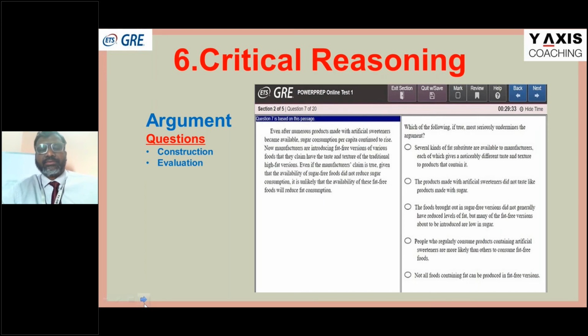So questions will be about identifying the components of an argument like claim, conclusion, premises, assumptions, and these are the construction of an argument questions. And evaluation questions include weakening of an argument, strengthening, fallacies, errors, and the weaknesses in the argument is what the question will ask us to identify.